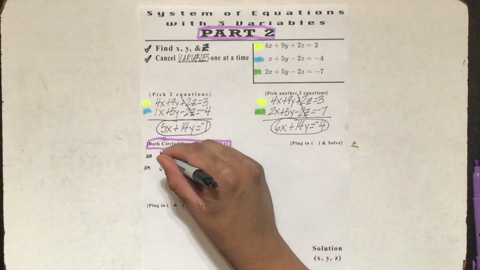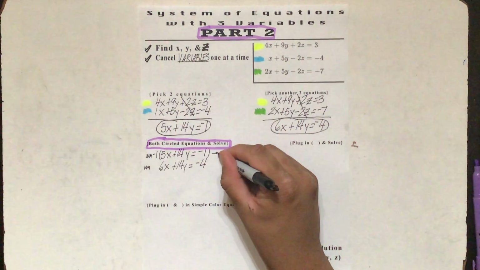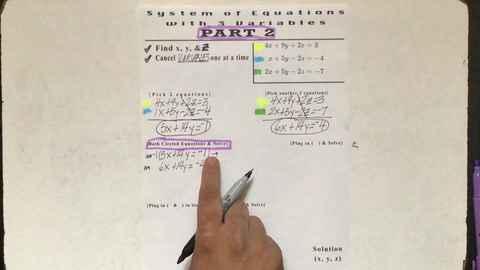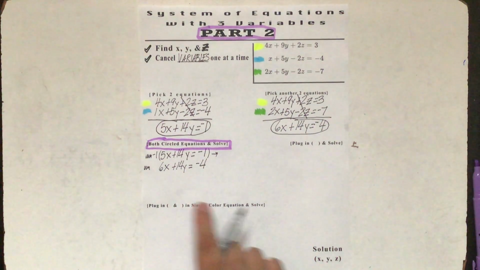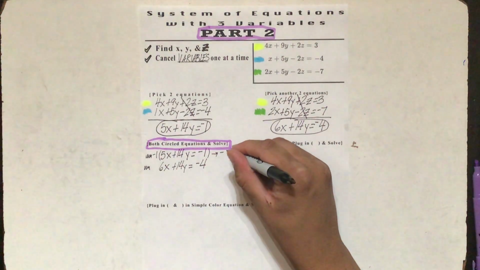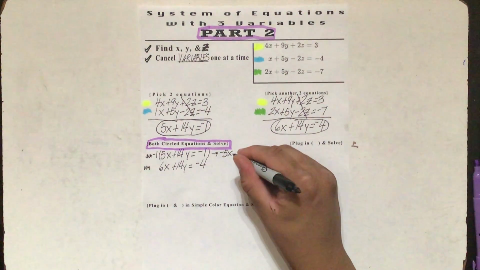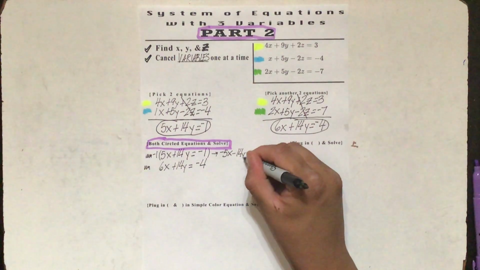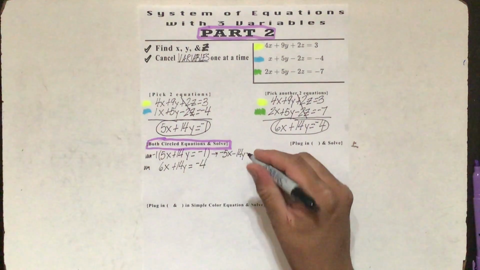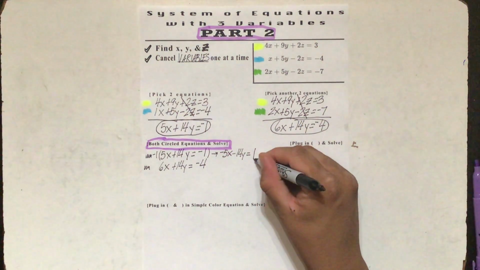So I'm going to multiply the top equation by negative 1. So then that's going to give me negative 1 changes everything inside the parentheses to the opposite, right? Negative 1 times 5x is negative 5x. Negative 1 times 14y is negative 14y. Equals negative 1 times negative 1 is positive 1.